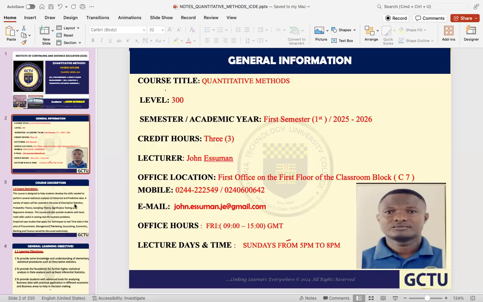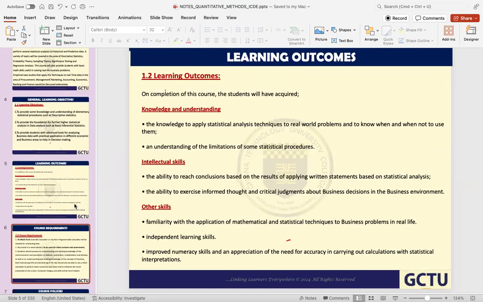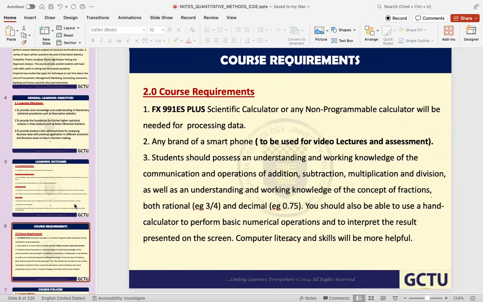Now, there are some important points in this course outline I want you to know today before next week, and it's going to help you a lot. So I'll skip all the ones you can read yourself, and then where I want to highlight, I'll just speak on them. For instance, slide number 6 is the course requirement.